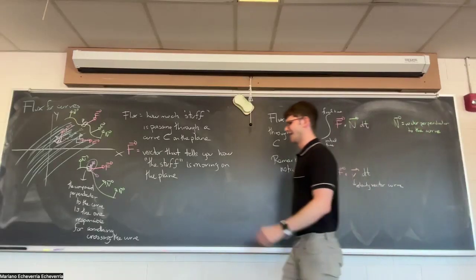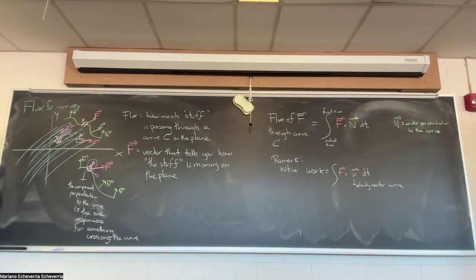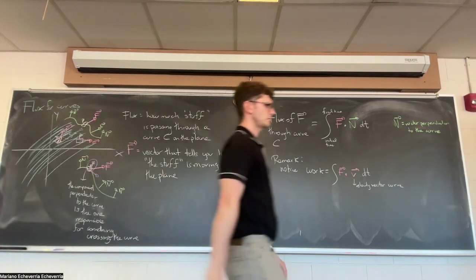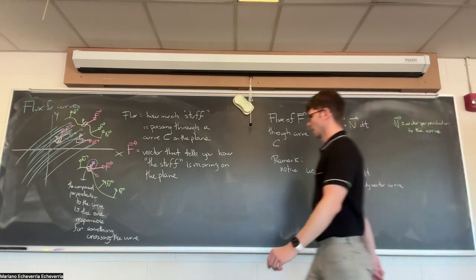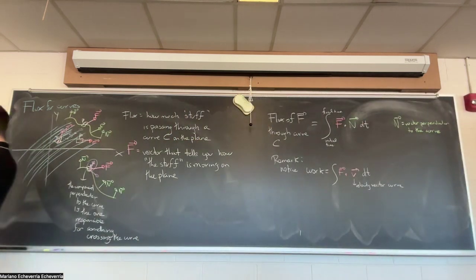So they're basically identical formulas, except for the fact that one uses the velocity vector and the other the normal vector.